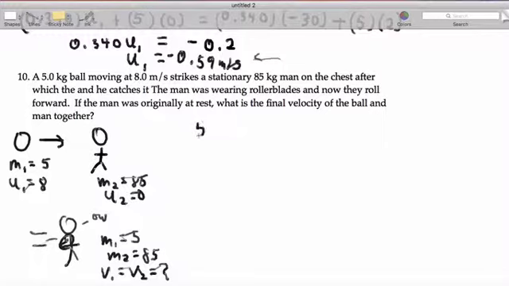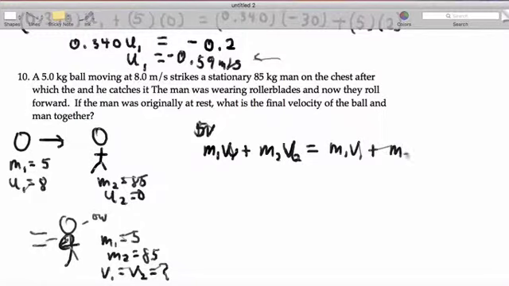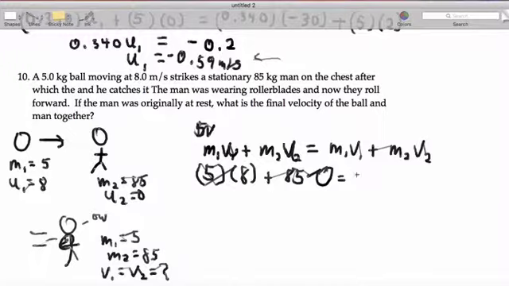So putting all this together, m1u1 plus m2u2 equals m1v1 plus m2v2. Putting in our numbers, 5 times 8 plus 85 times 0 equals 5 times v plus 85 times v, since they're going at the same final speed.